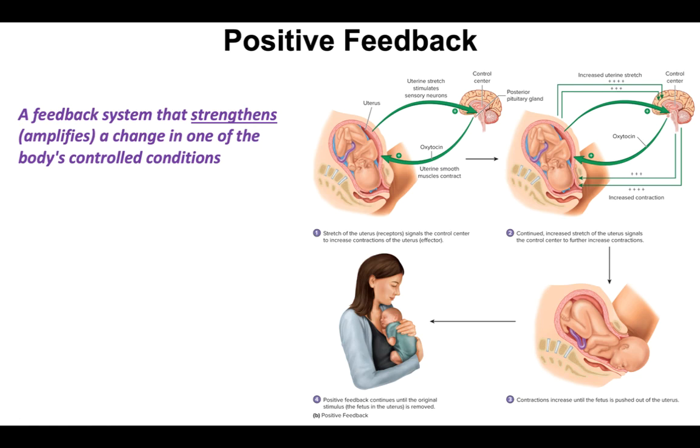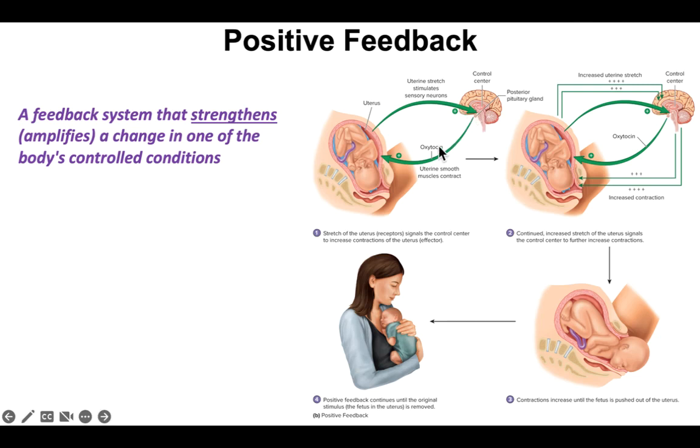So the stimulus is stretching of the cervix. That stimulates neurons that send the signal to the brain. So now the brain knows that the cervix is stretching because this baby's big giant head is pushing on it. That stimulates the production of a hormone.